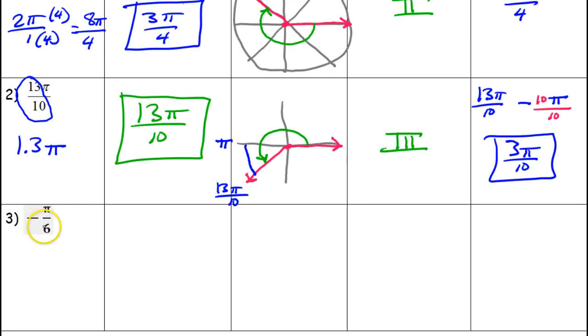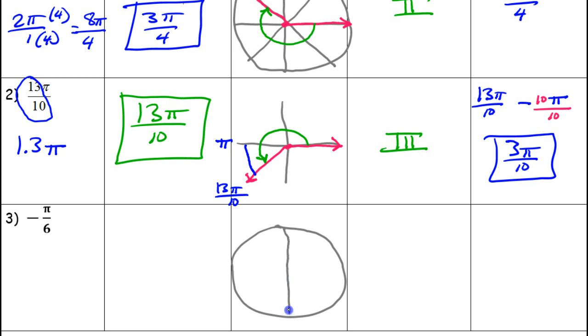Let's do one more. I see we have negative pi over 6. Whenever I see that we have a special angle, one of the ones that we have memorized, then I want to draw it on a unit circle. So here is my unit circle.